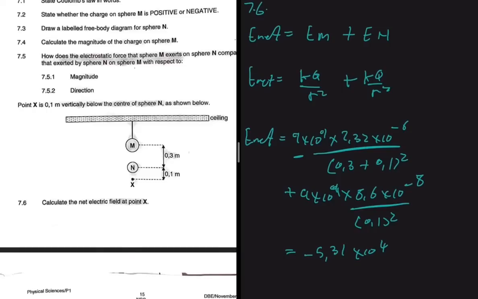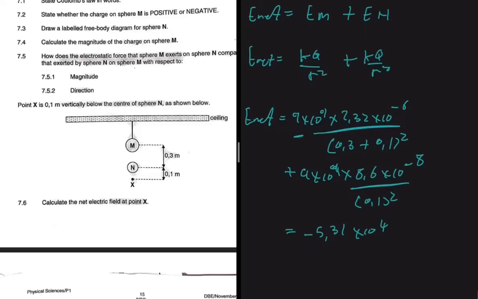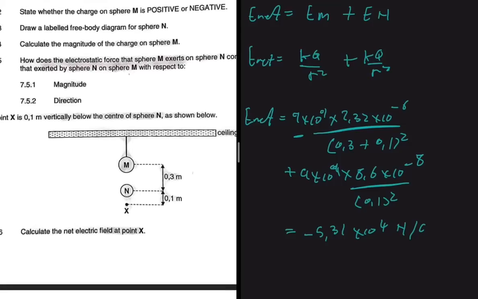But then it says, let's calculate the net electric field, not only the magnitude, right? So now we have to worry a bit about the direction. We know that the SI unit is newtons per coulomb, right? So let's look at our sketch here and then worry about the direction. We know that M is negative, and then we know that N is positive.